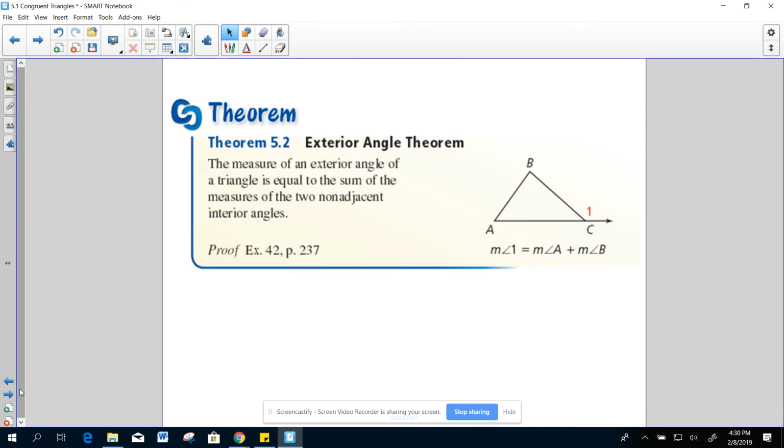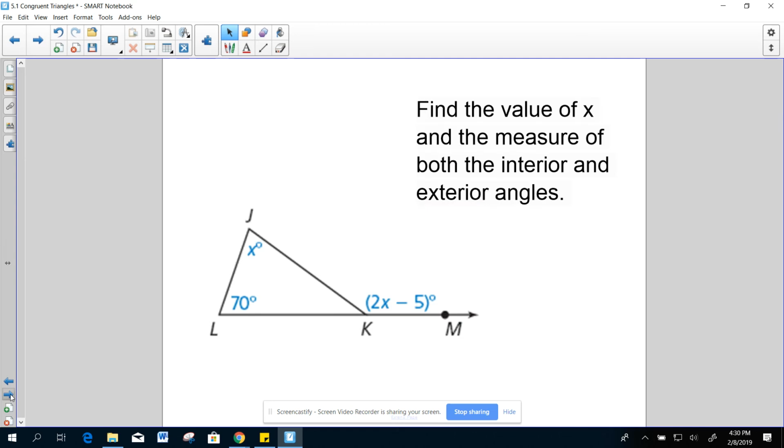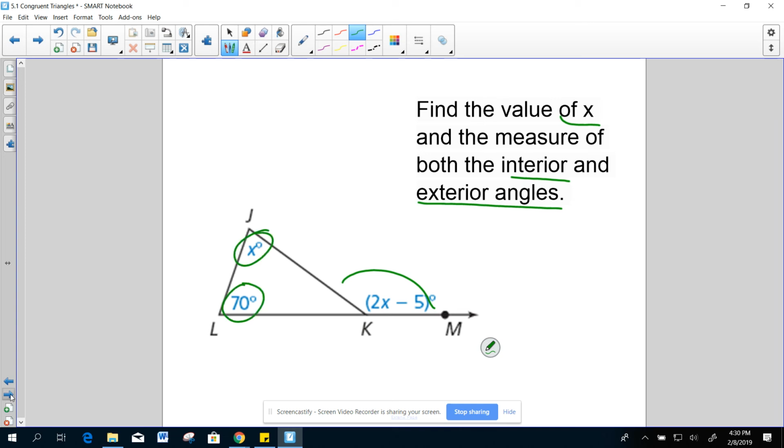If you want the theorem directly from the book, this is our theorem. If you want, again, pause the video to write down what you need. We're going to practice. In this particular instance, if I wanted to find the value of x and the exterior angle, what I would need to do is sum these two interior angles together.